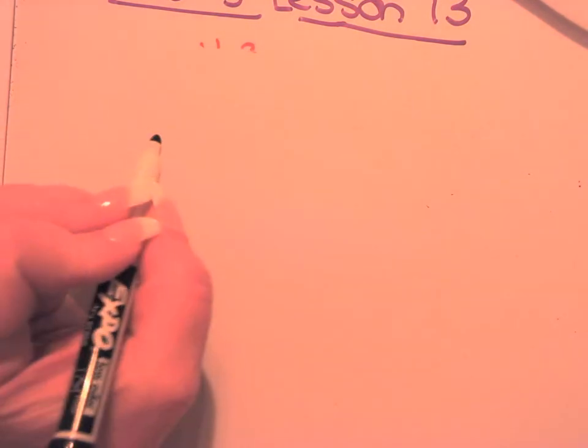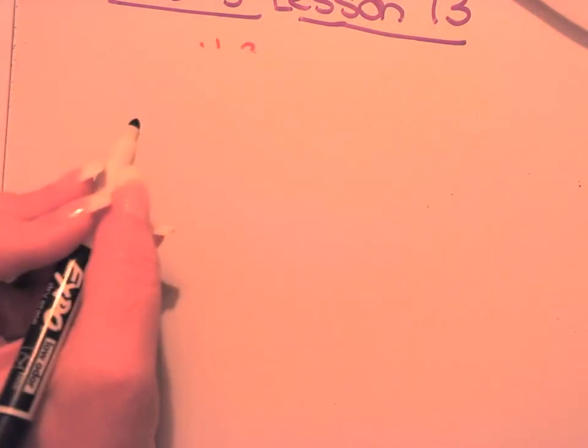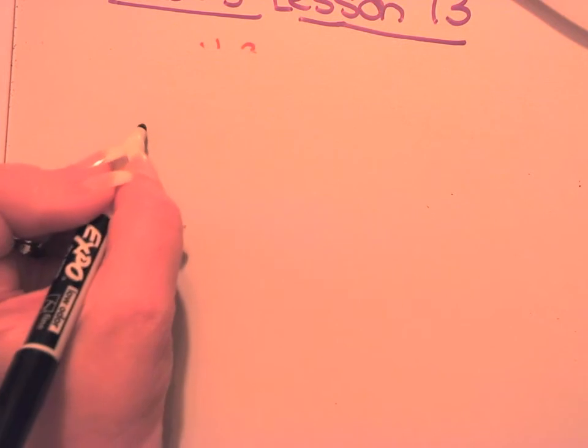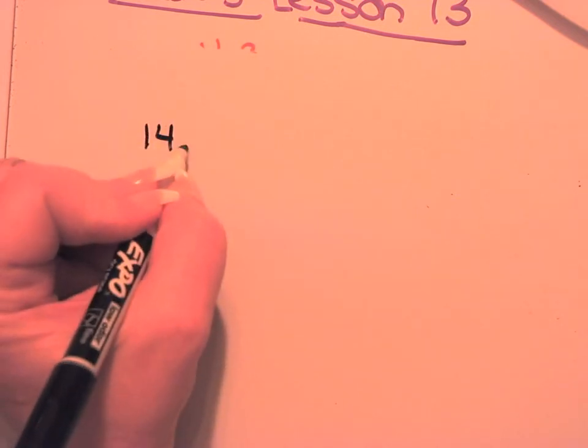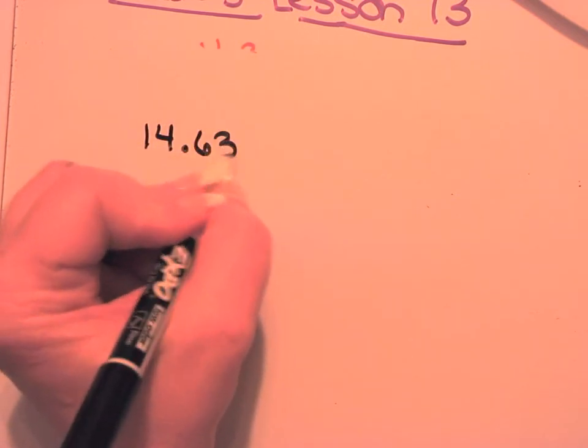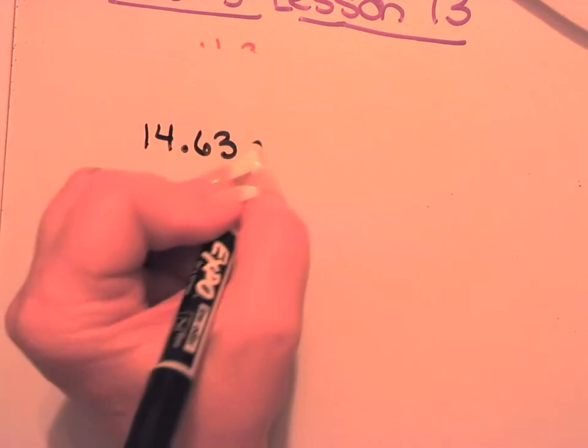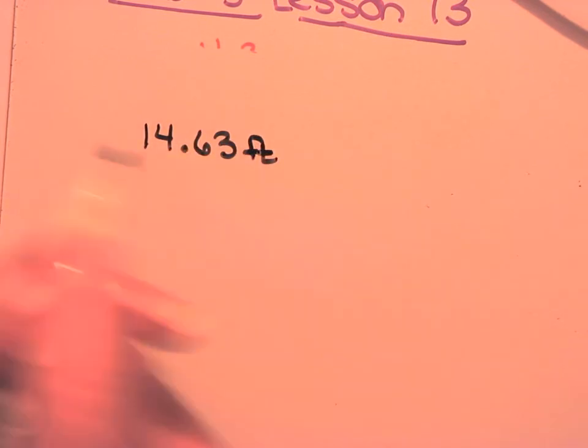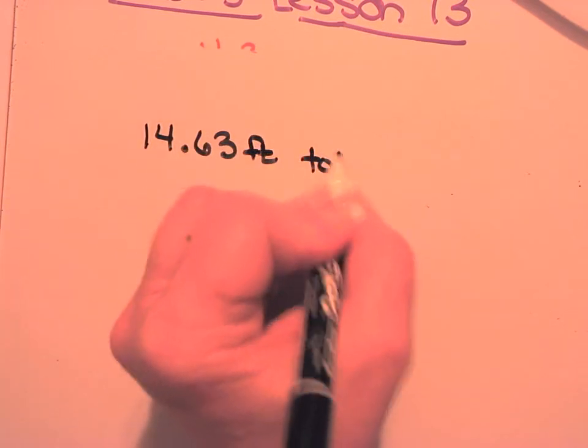A garden snail is moving at a distance of 14 and 63 hundredths feet and moves at a rate of about 2 feet in a minute. I'm going to stop right there, because remember what I said about things we want to write down: the information we know. 14.63 feet, and that's the total distance.